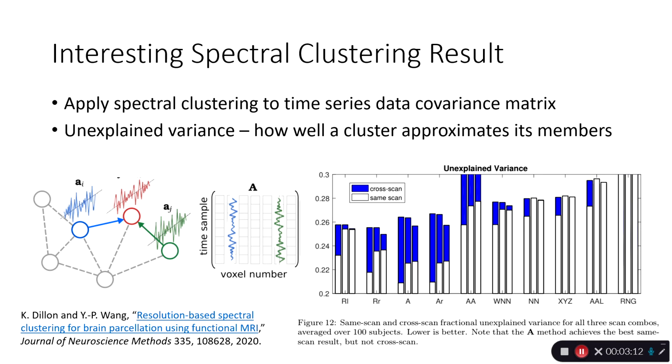So when you look at how well your data was clustered, based on how well the centroids of your clusters describe everything within that same cluster, k-means clustering directly on the data, the matrix A, works best. However, if you look at how well it generalizes to some held out data, or a different scan of the same person, then we find, interestingly, that spectral clustering works better.